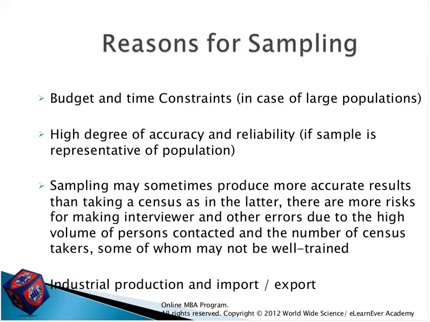And sampling may sometimes produce more accurate results than taking a census. Why? Because there are more risks for making interviewer and other errors due to the high volume of persons.